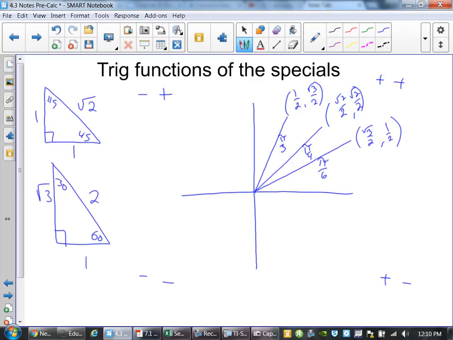So we know that the secant is the inverse of the cosine of pi over 4. Well, pi over 4 is a 45. The cosine would be adjacent over hypotenuse, sorry, I said this completely backwards. The secant would be hypotenuse over adjacent. So what's the secant of pi over 4? Root 2. You guys did tons of that last year. Okay, that should not be anything difficult, I hope, right?